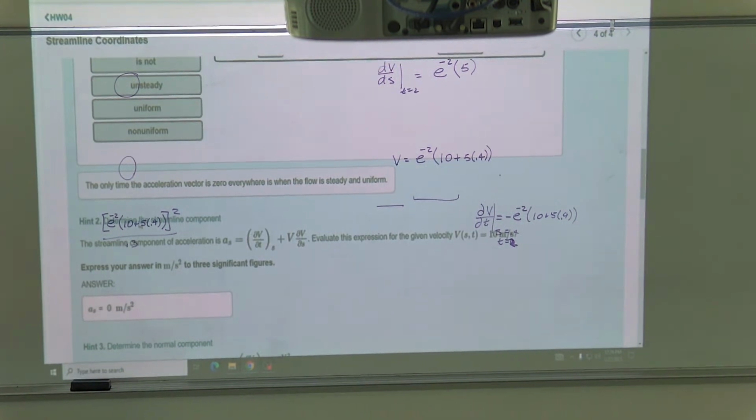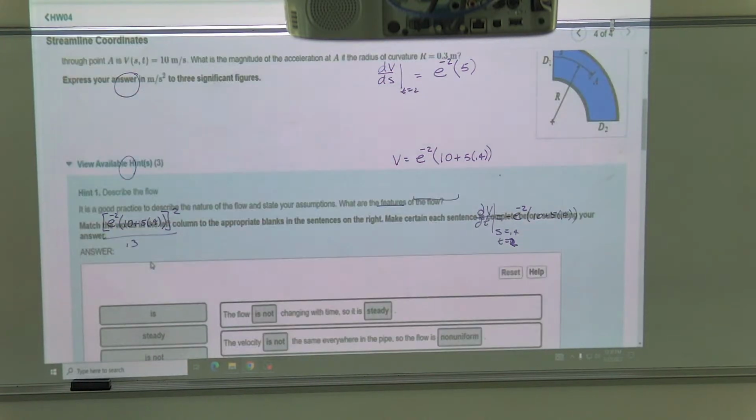So hint 2: determine the streamline component. The streamline component of acceleration is dv/ds. So evaluate the expression given the velocity at 10 meters. Express your answer in meters. But I thought he was looking for the square root of the squares. Was he not?